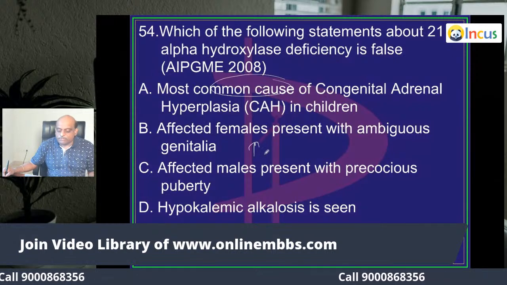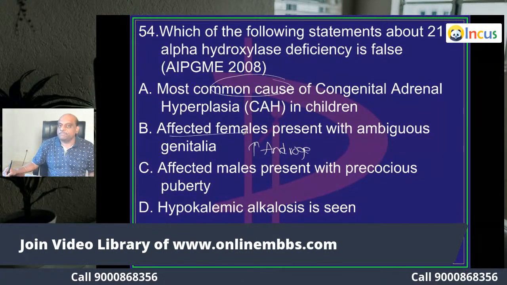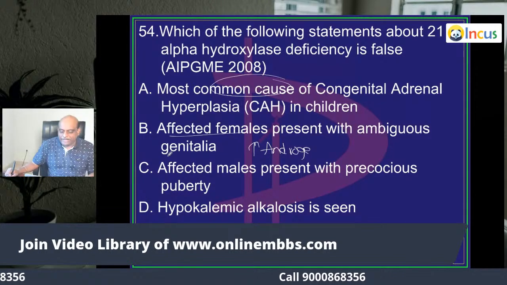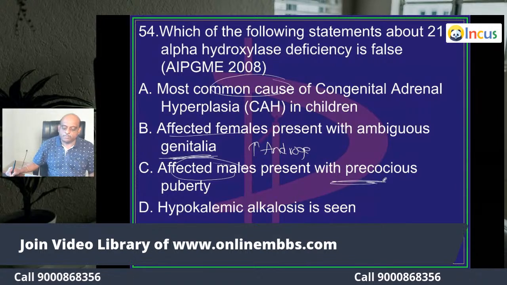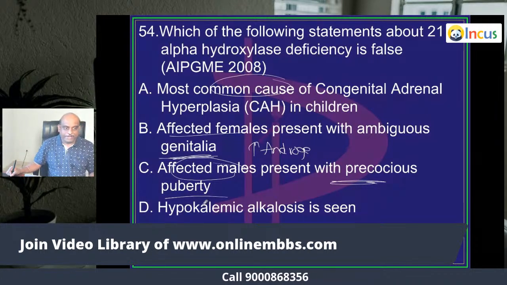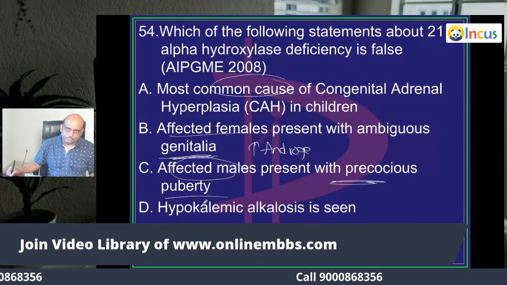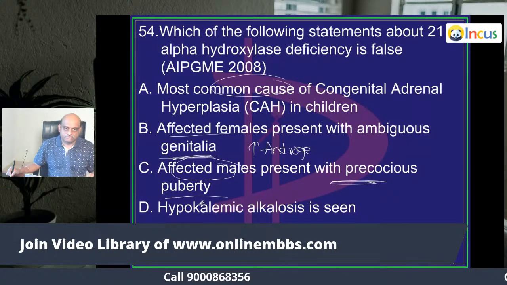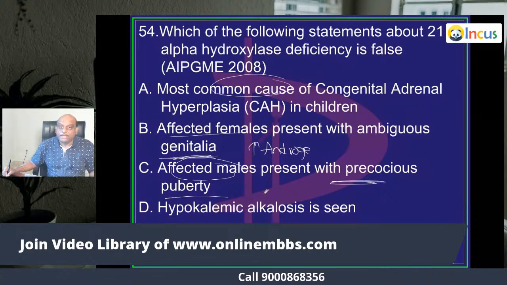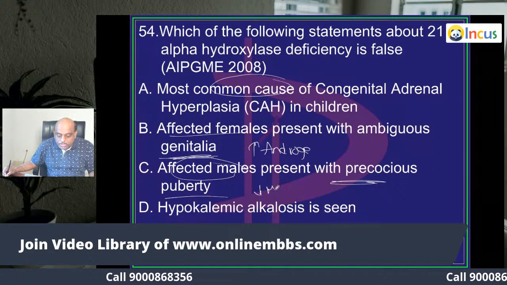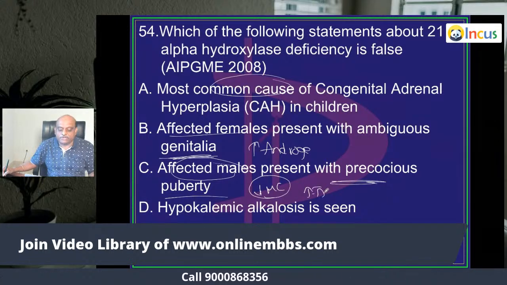Because there is an excess of adrenal androgens, the affected females will show clitoromegaly and ambiguous genitalia, and the affected males will show precocious puberty with an enlarged penis in a newborn baby. But in 21 alpha hydroxylase deficiency, there is a mineralocorticoid deficiency and excess of androgen.